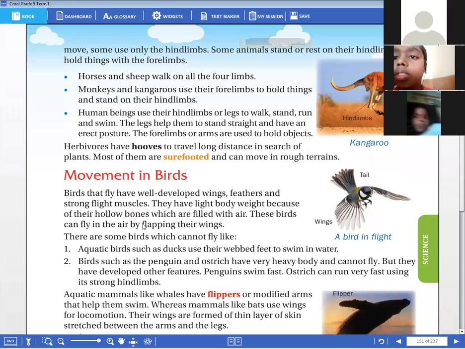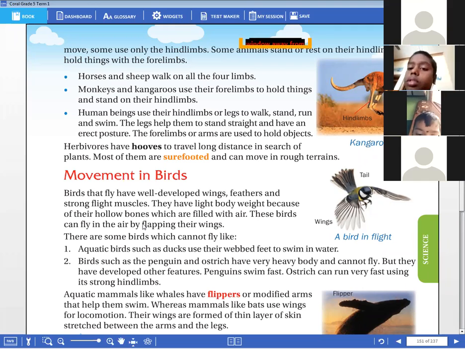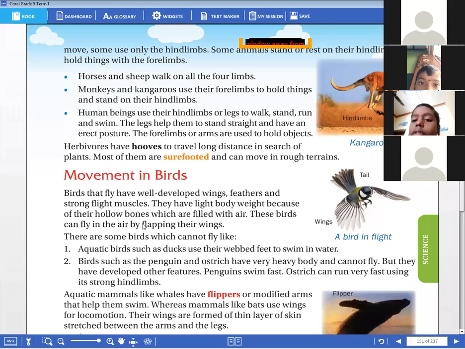You may see in your cartoons, and you may have a look at National Geographic channels or Animal Planet, how the penguins look. How the penguins look, children. Yes or no? Due to the heavy body, they cannot fly. They cannot fly, children.